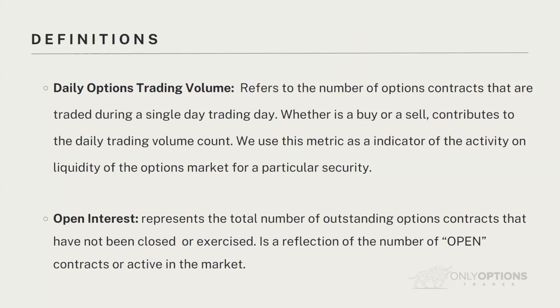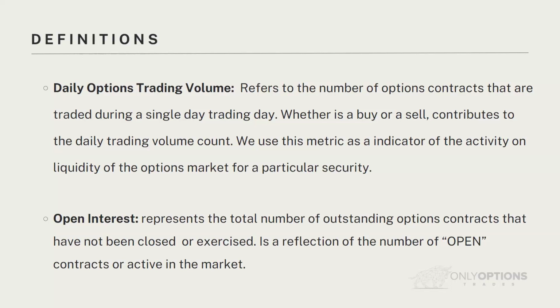It doesn't matter if it's a buy or a sell, both contribute to the trading volume count. We use it as a metric of the activity and liquidity of an option market for a particular name.